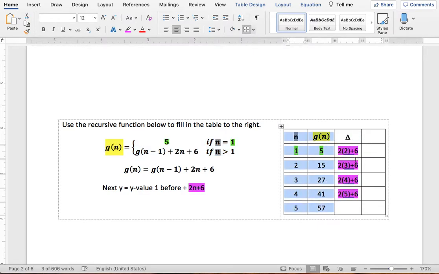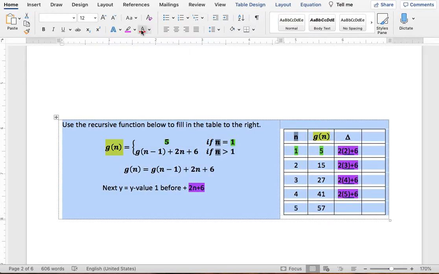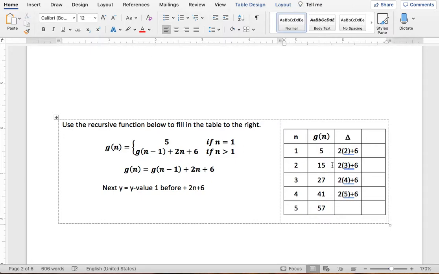How was this red column created? Okay, well, let's take away all the colors here for a second. Now we're just looking at how was this created.